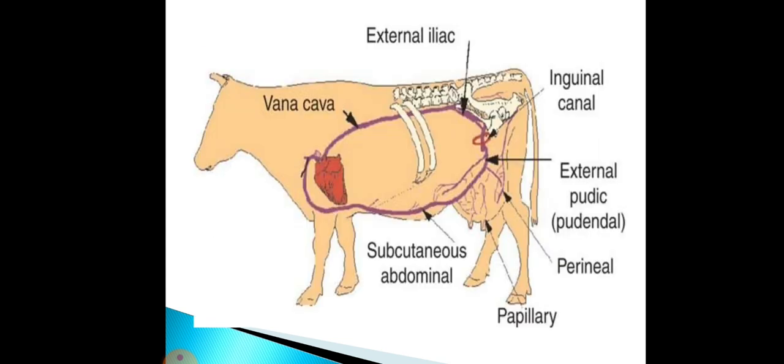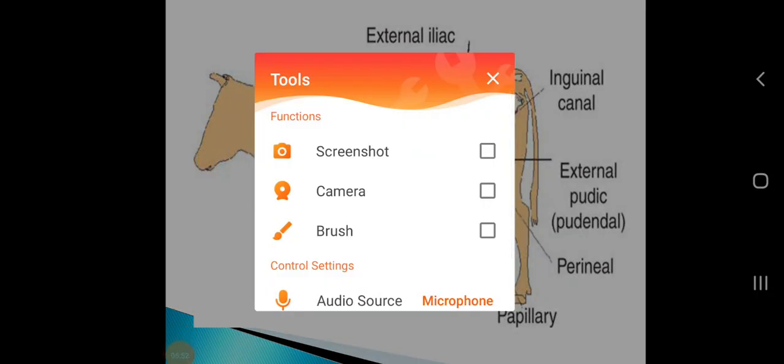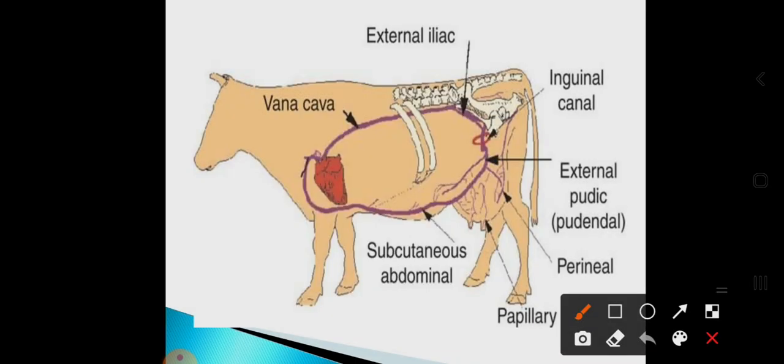Okay. So here in this diagram you can see how the circulatory system works. This is the subcutaneous abdominal vein.